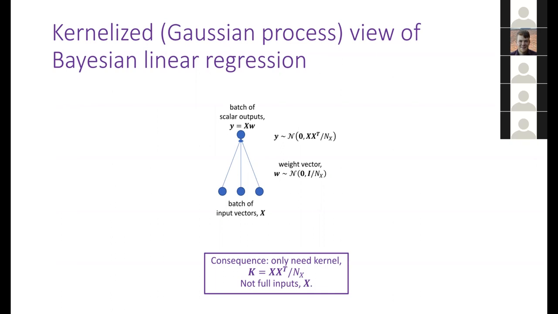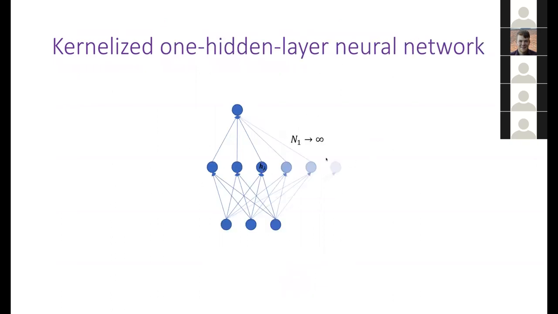What about having one hidden layer? What happens in this case, where I'm taking the width of this hidden layer to infinity? Again, I've got a batch of input vectors x. I'm going to consider a general infinite hidden layer.